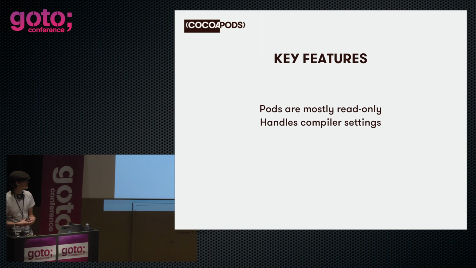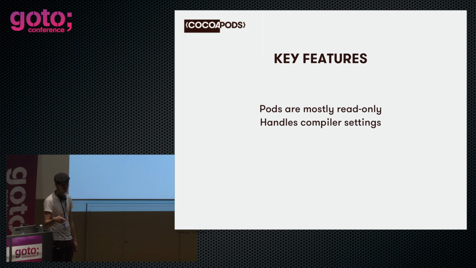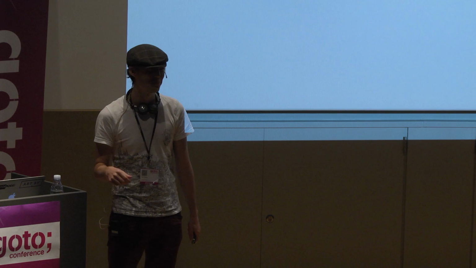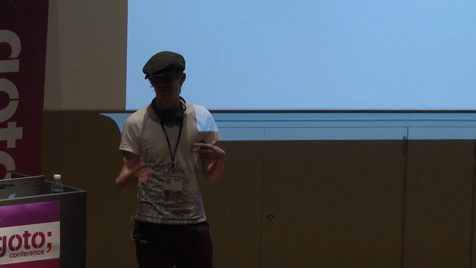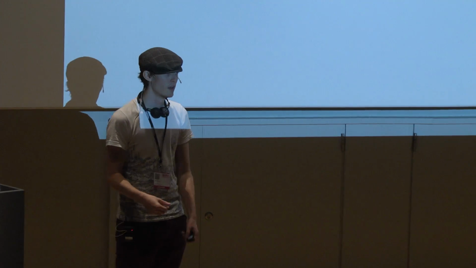Then there's handling all the compiler settings. You saw earlier I added something called -fno-objc-arc, which is a compiler flag that says don't use ARC. But a lot of libraries have very complex compiler settings, and once you start mixing and merging these, it gets very, very complicated.